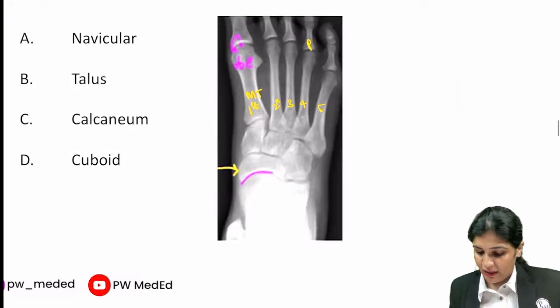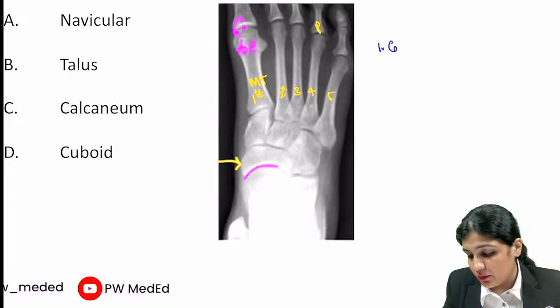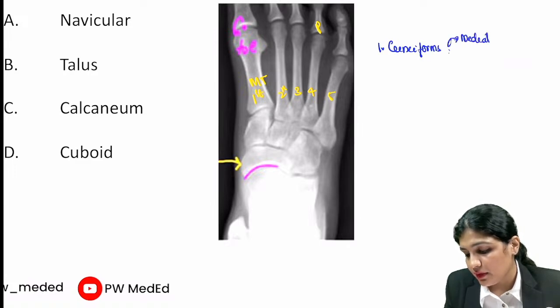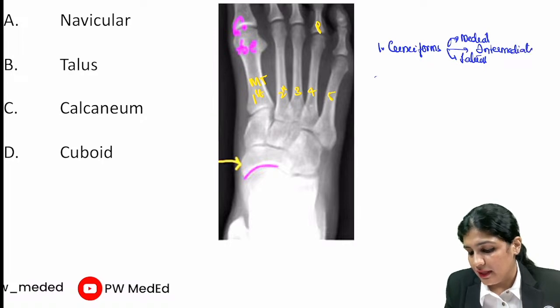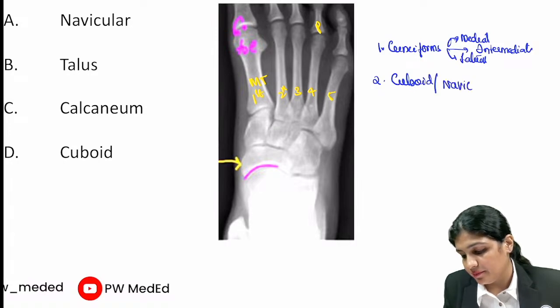Now let us name the tarsal bones, right? Here you have the cuneiforms: the medial cuneiform, the lateral and the intermediate cuneiform. Then you have the second row, that is your cuboid and the navicular.